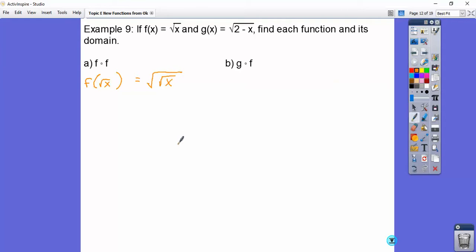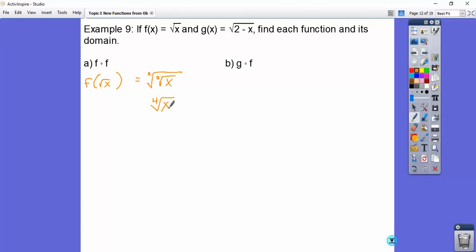It's been a while. What's another way you could rewrite a square root of a square root? You remember? Yeah, you could also call that the fourth root. You just multiply these indexes. So a 2 and a 2 gives you 4. If it was like the cube root of a fifth root, it would be the 15th root.